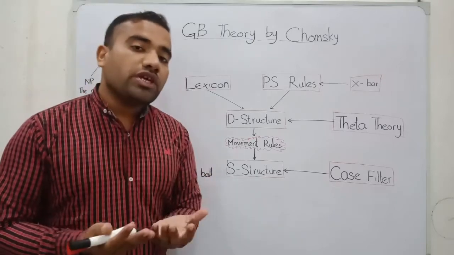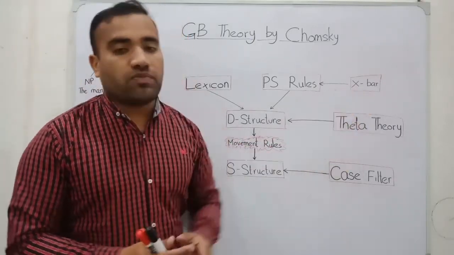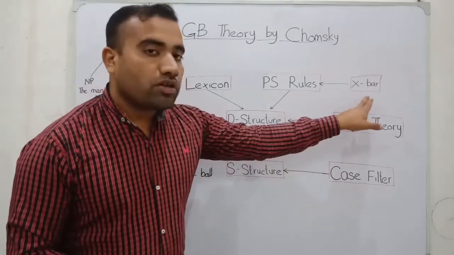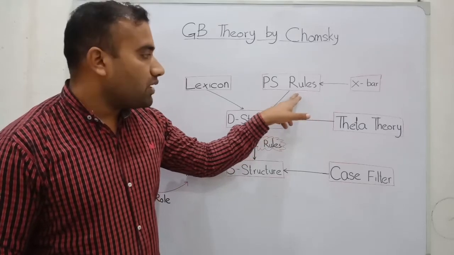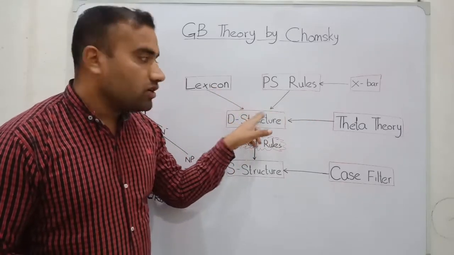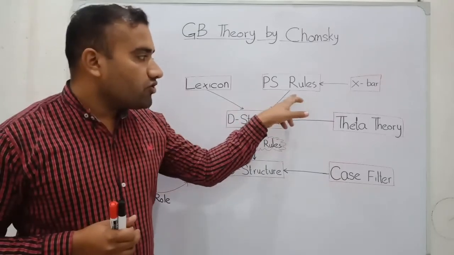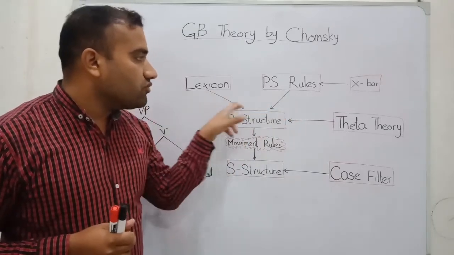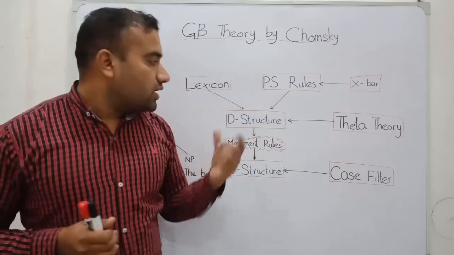And how can we generate the rules? We have the universal entity, that is the X bar theory. X bar theory generates the rules, and if we apply the rule on the words, we can generate the D structure. First, these two items merge, and then we generate the D structure.